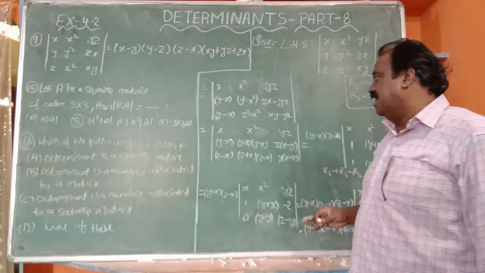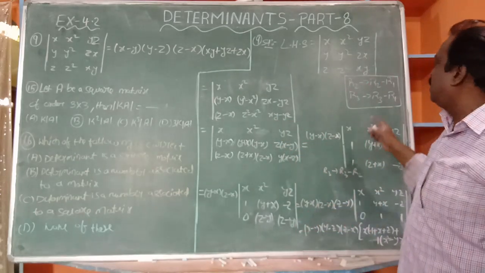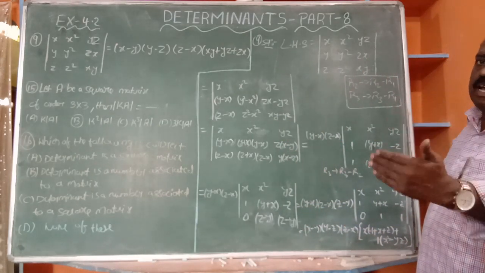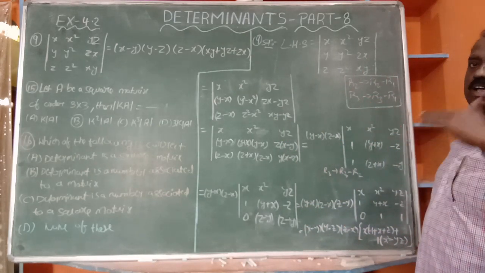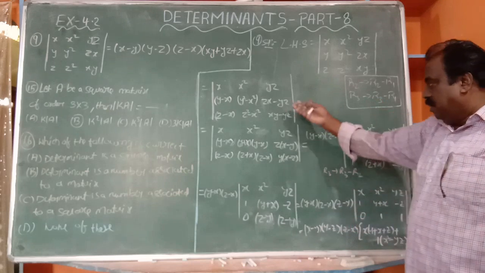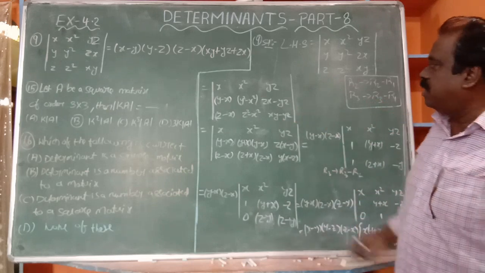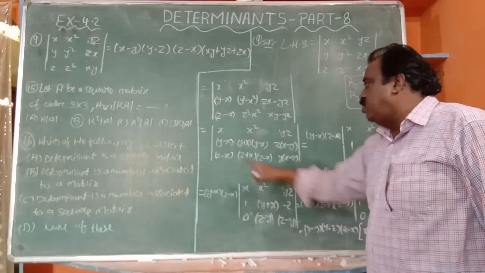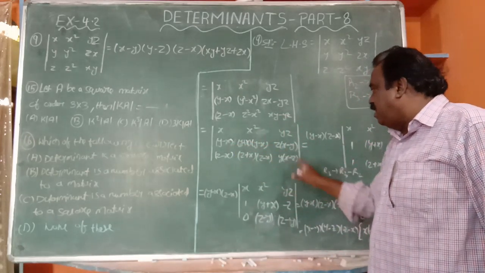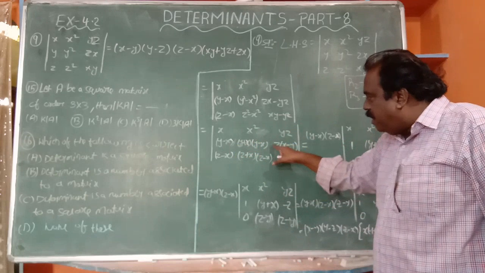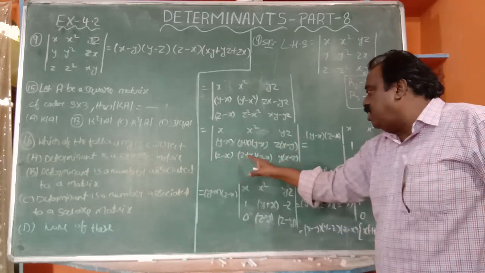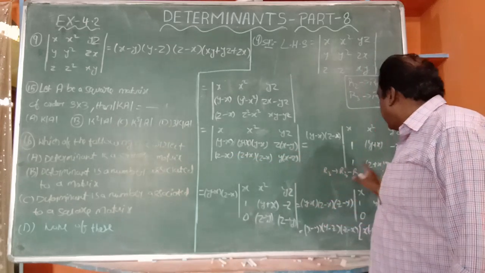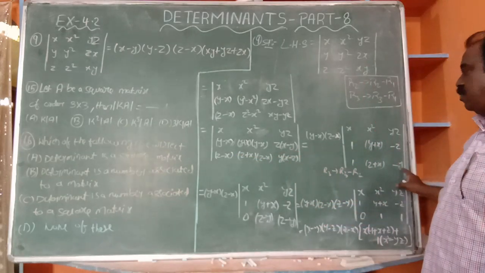By using this property, R2 becomes R2 minus R1, and R3 becomes R3 minus R1. By using that property, some common factors appear: y minus x here, y minus x here, z minus x here, and minus y remains, minus z minus y.